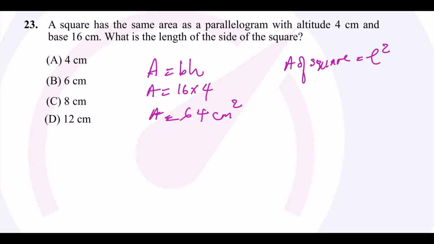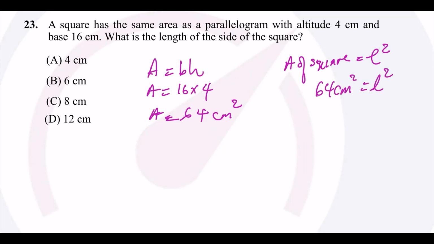And we said earlier that a rhombus is a parallelogram with equal sides, so a square is a rhombus. Hence 64 centimeters squared is equal to L squared.